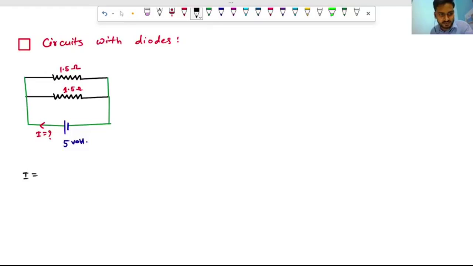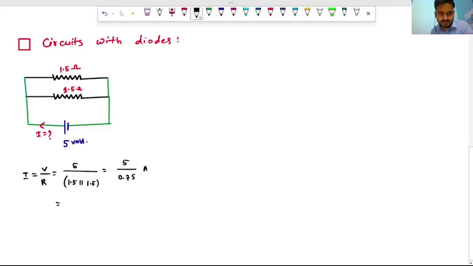As you know, it is simple how to calculate it. Current means voltage by total resistance. Voltage is here 5 volt and the resistance is nothing but the parallel combination of 1.5 and 1.5. The parallel combination of 1.5 and 1.5 gives 1.5 by 2, that is 0.75 ohm.